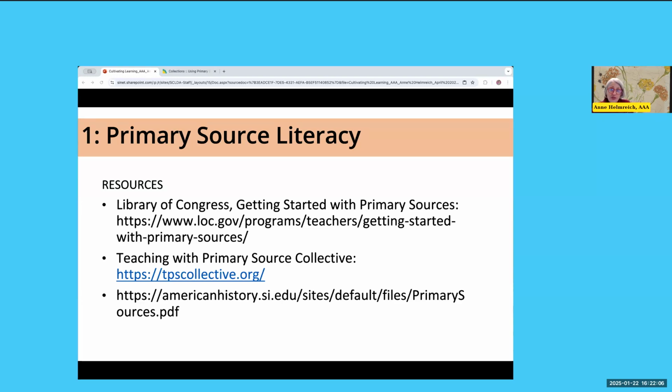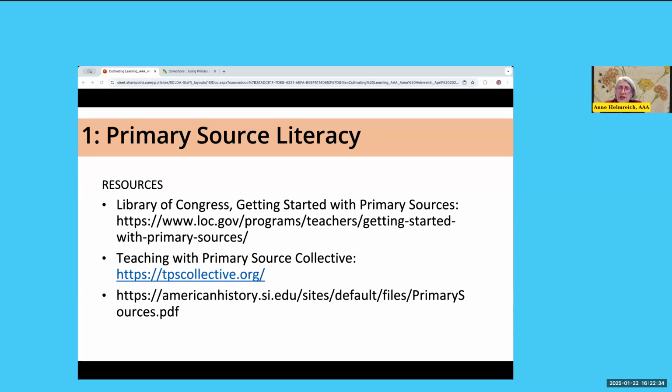As I said, we are not the only museum, library, or archive thinking about primary source literacy. So I wanted to share a few other digital resources that I like to go to. Our own colleagues up the road at the Library of Congress have a wonderful getting started with primary sources bundle, if you will.